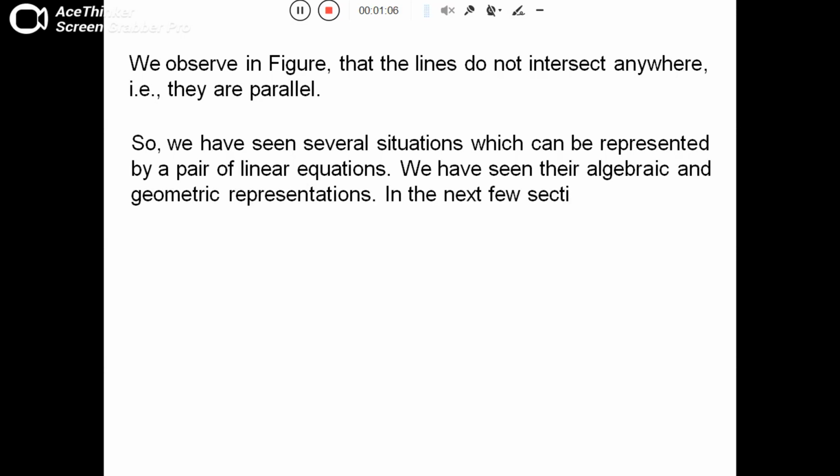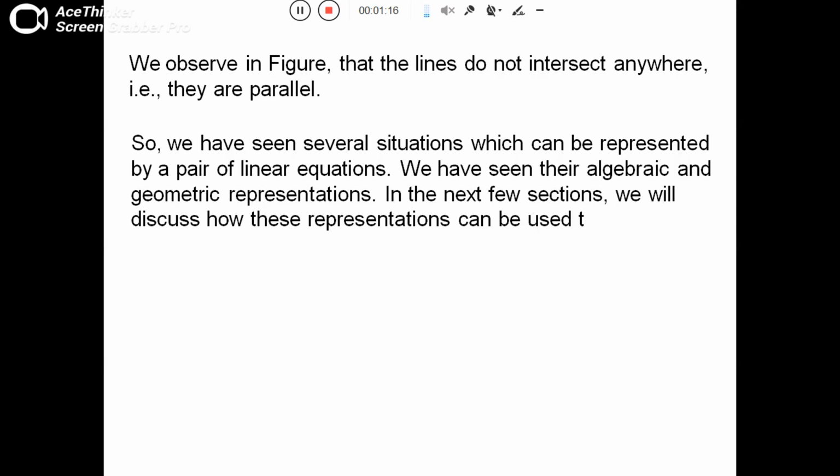In the next few sessions, we will discuss how these representations can be used to look for the solutions of the pair of linear equations. The solutions we have already discussed, but from the questions you can understand the solutions also.